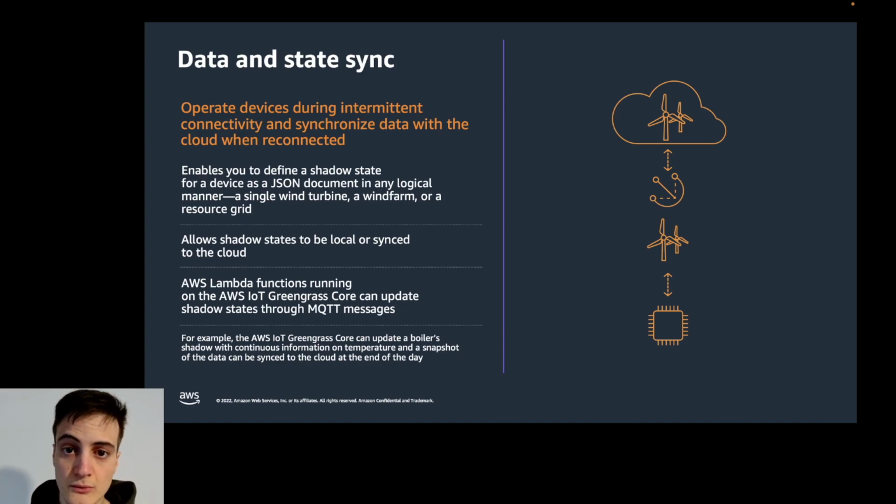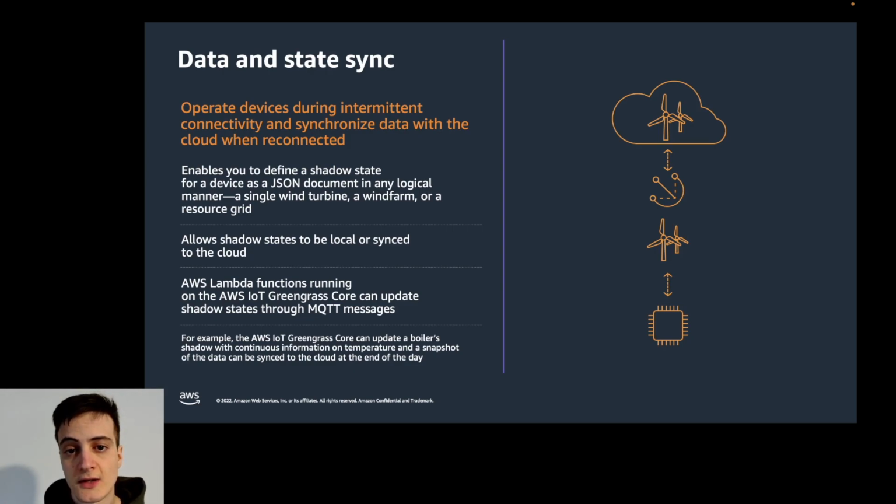In order to synchronize the status of the device, the cloud automatically reaches out to the device, understanding which is the document status at the edge, synchronizing it with the one on the cloud. This happens also if you change the status from the cloud, which means that every change that happens on the cloud is also propagated asynchronously to the edge.